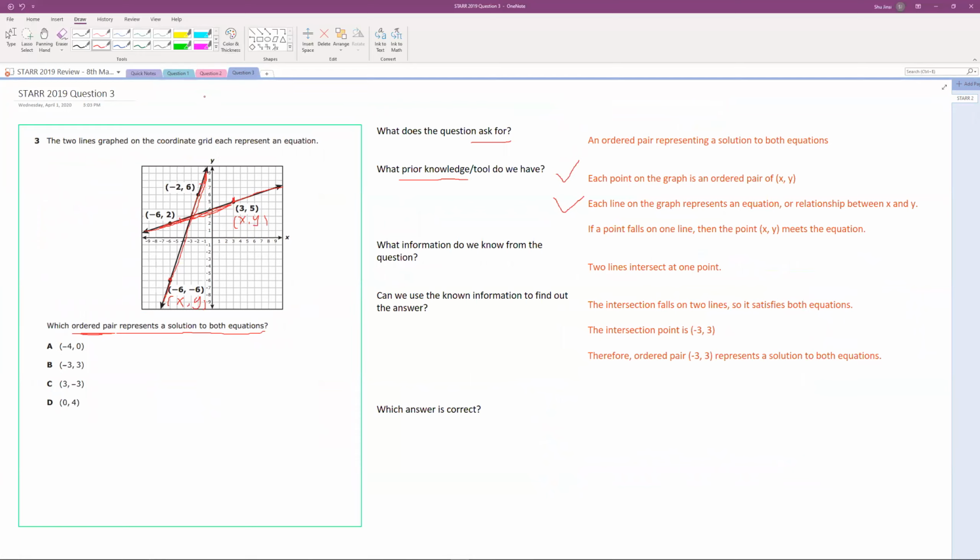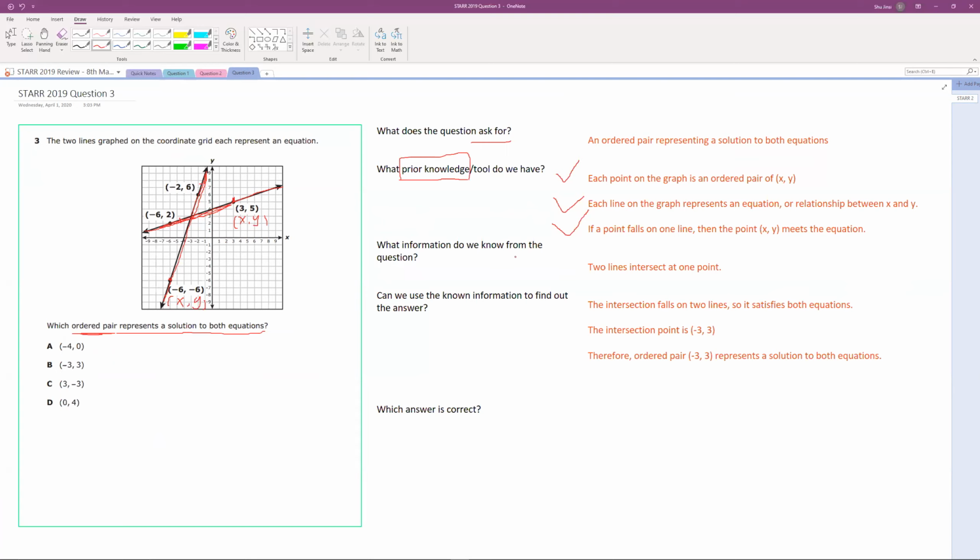And next, based on what we have discussed above, we know that if a point falls on one line, then this point meets the equation, satisfies the equation. So if it is on the line, then it satisfies the relationship. That's the prior knowledge that we have learned.